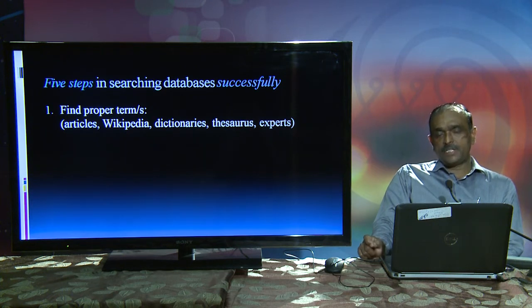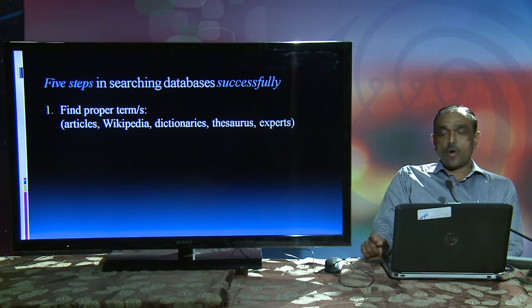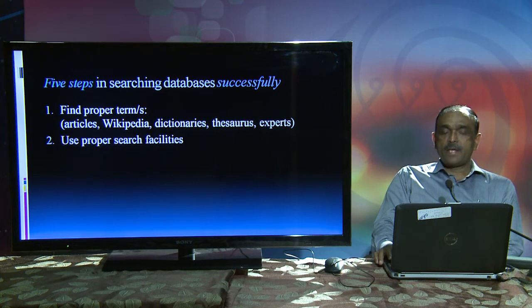Apart from all these sources, you can of course discuss with your guides, teachers and experts of the given subject field so as to find out what should be the appropriate term to search literature from the databases.